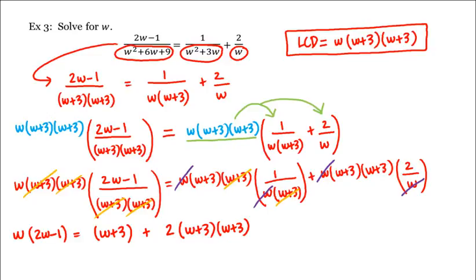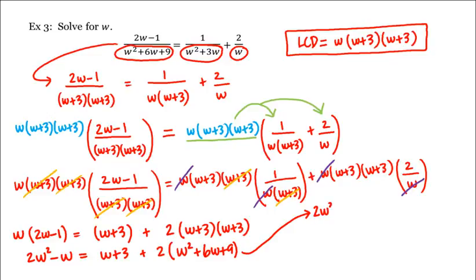And then distributing the w gives us 2w squared minus w is equal to w plus 3 plus 2 times, and then foiling this out gives us w squared plus 6w plus 9, or 2w squared minus w is equal to w plus 3, and then distributing the 2 gives us plus 2w squared plus 12w plus 18. And now the 2w squareds will cancel.